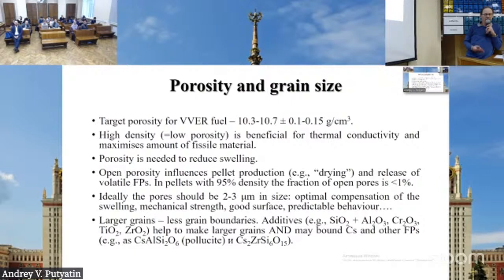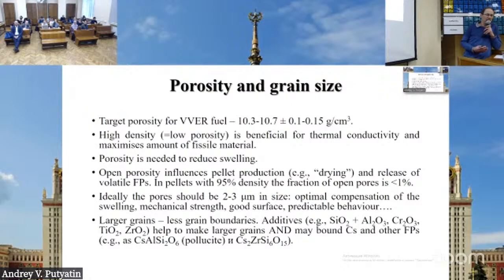To increase the grain size, we may either adapt steps of the production process, such as annealing steps, atmosphere of the annealing, and so on. Or we can add some additional compounds, for example, silica or silica plus alumina or chromia or some other compounds, the list is quite long.